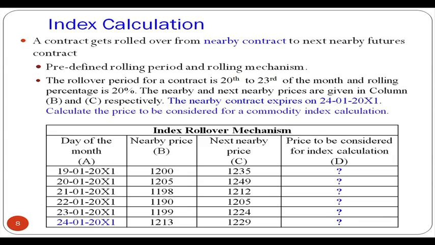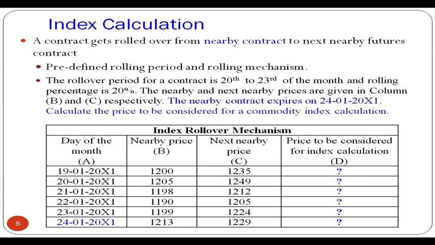So when we are talking about the word rollover, it means the nearby contract will be shifted to the next nearby contract. Suppose an index only considers the M1 contracts, that is, the contracts which are near maturity.